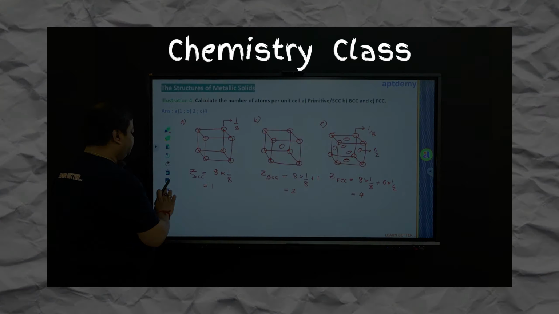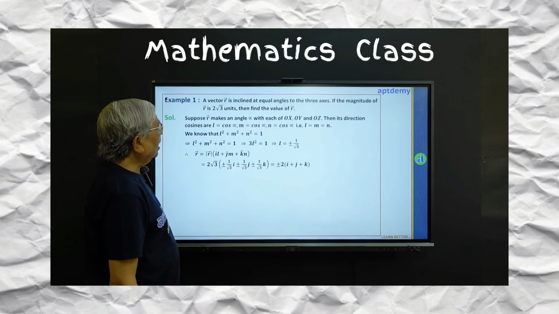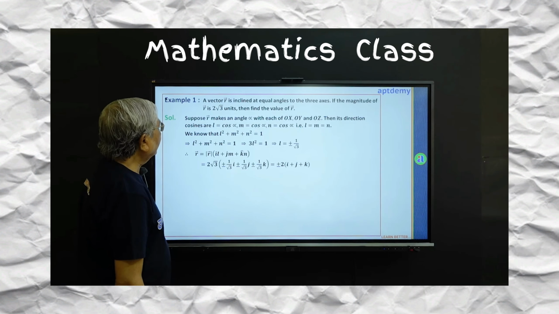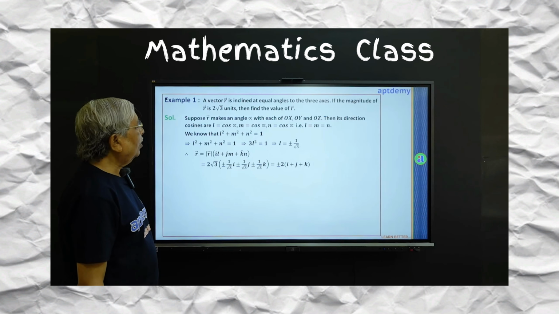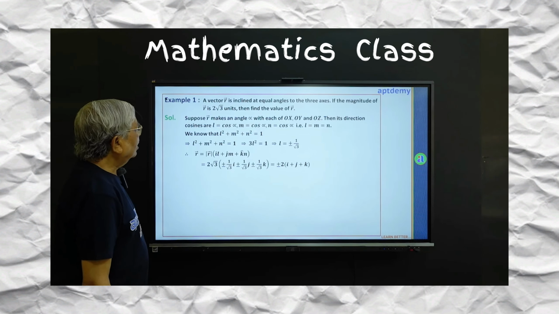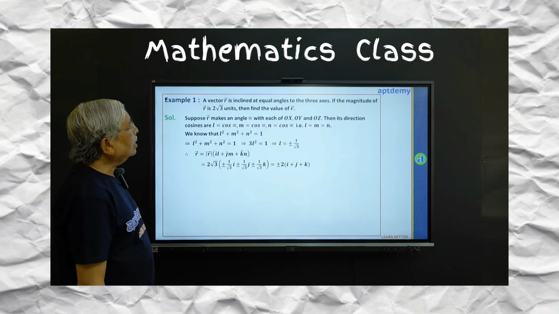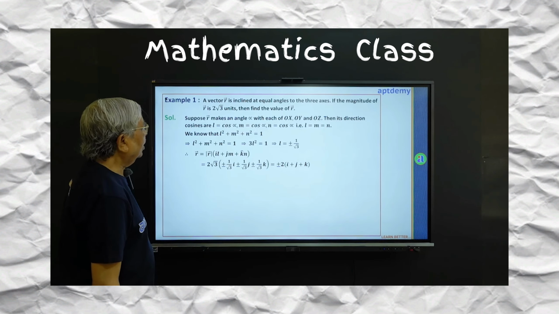Okay. The first problem is a vector R is inclined at equal angles to the three axes. If the magnitude of the vector R is 2 root 3 units, then find the value of R. It is given that vector R made equal angles with the axes.